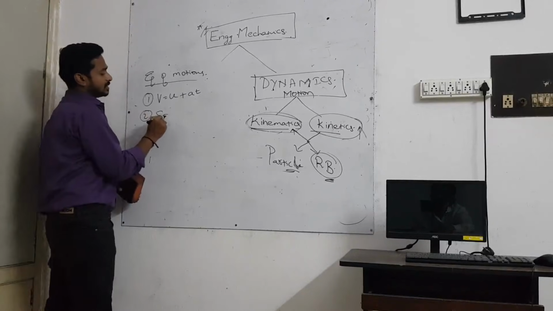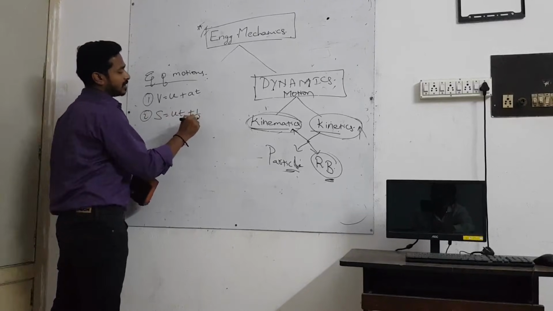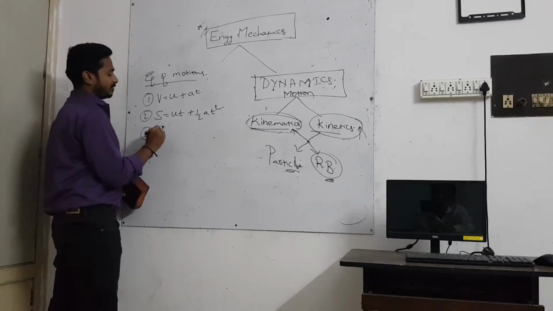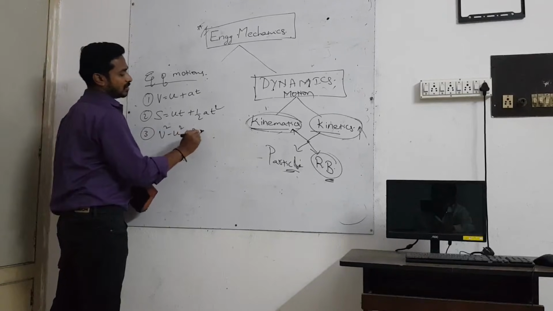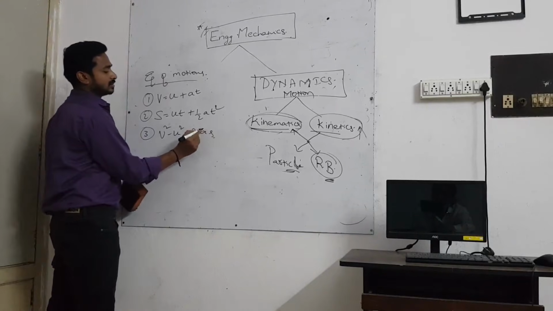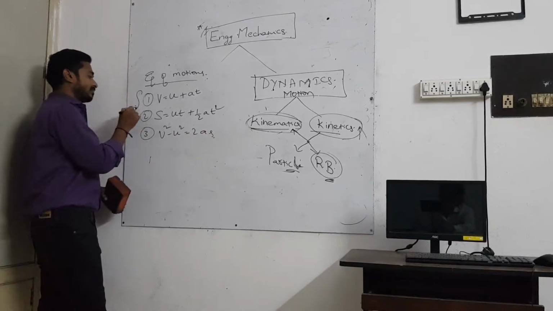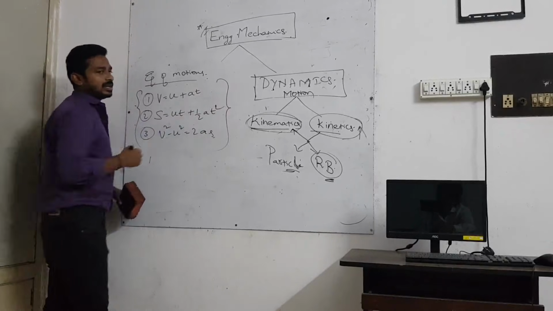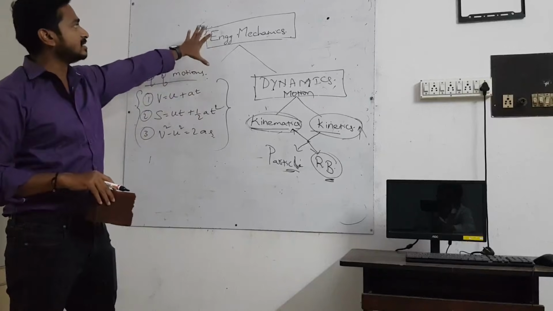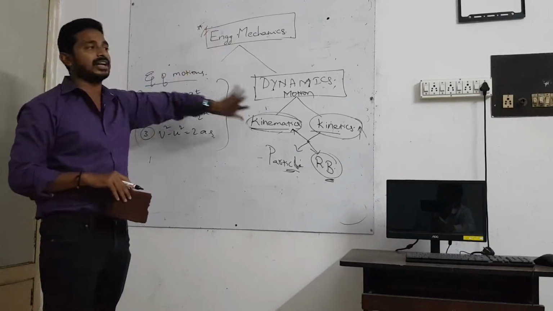Second one, S is equal to ut plus half at square. And the third one is v square minus u square is equal to 2as. These three are the major equations of motion which will deal with the entire engineering mechanics for any kind of problem.